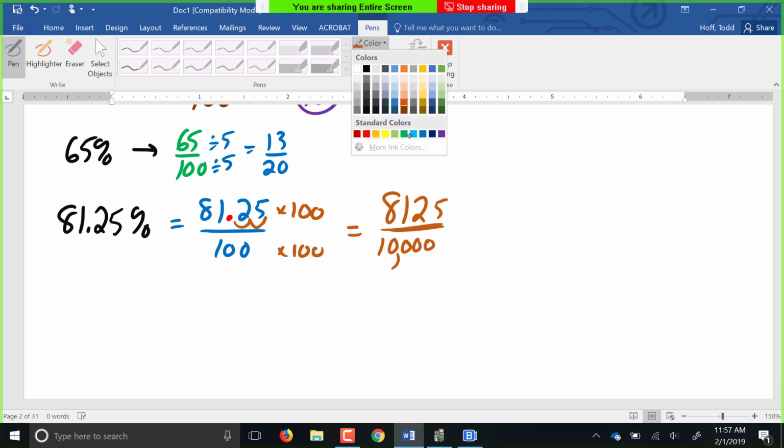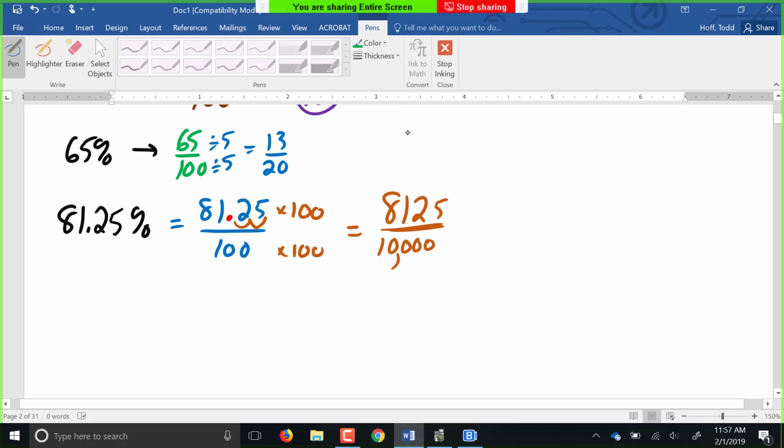The disadvantage to this is now we have a very ugly fraction to reduce. What can both of those be divided by? Be brave. If you look at the last digits, what does it tell us? They can be divided by 5. Perfect. So there's a start. So we've got 1,625 over 2,000.